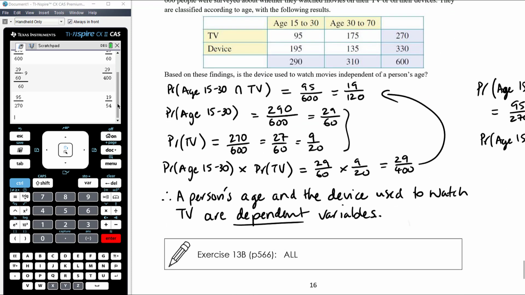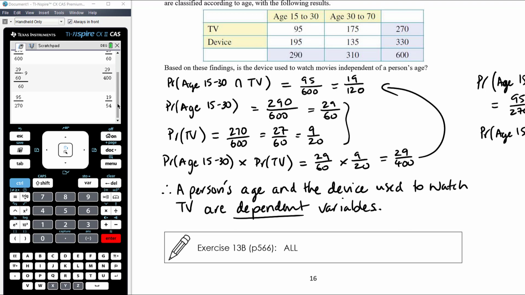Because essentially it's all out of 600, and within this data the people are either in the young age group or in the old age group, and they either watch on their TV or they use a device. So they have to be one or the other in the data set. Therefore, if one set of variables is connected, the others will also be connected.